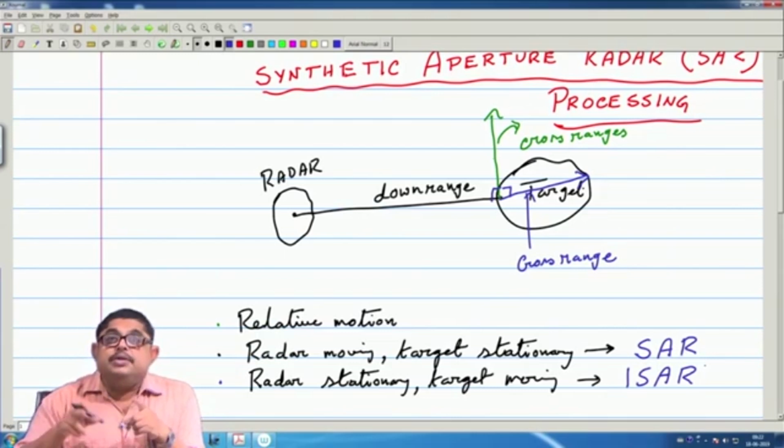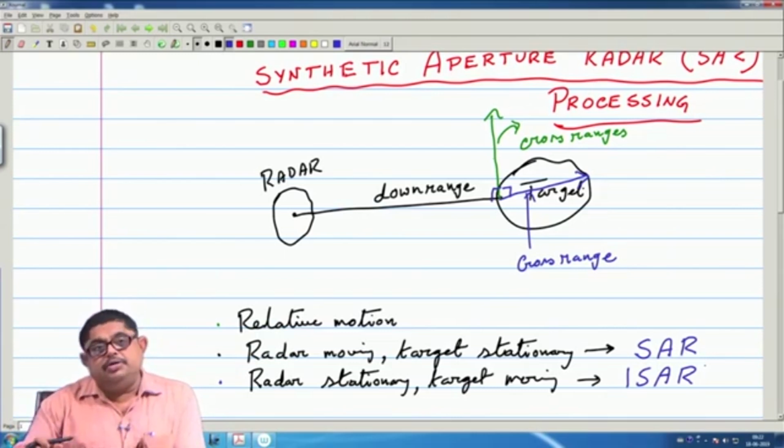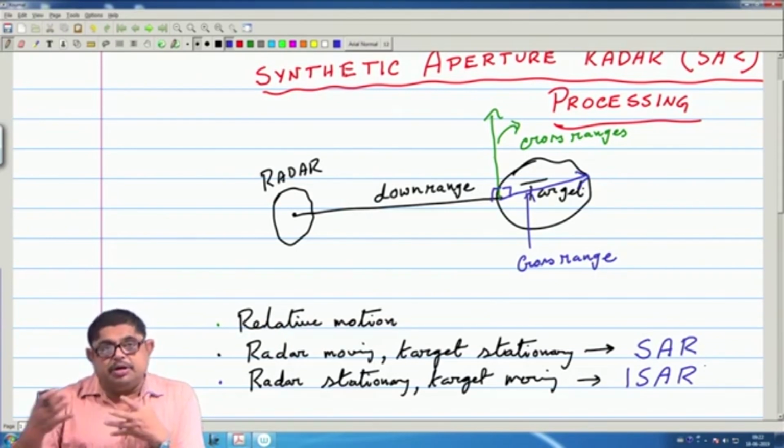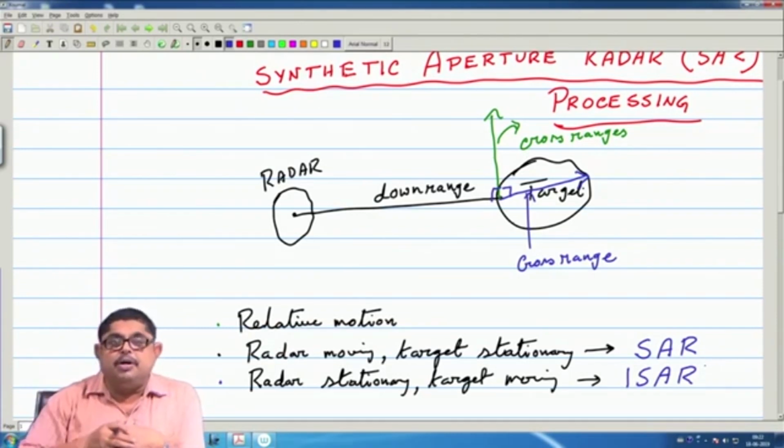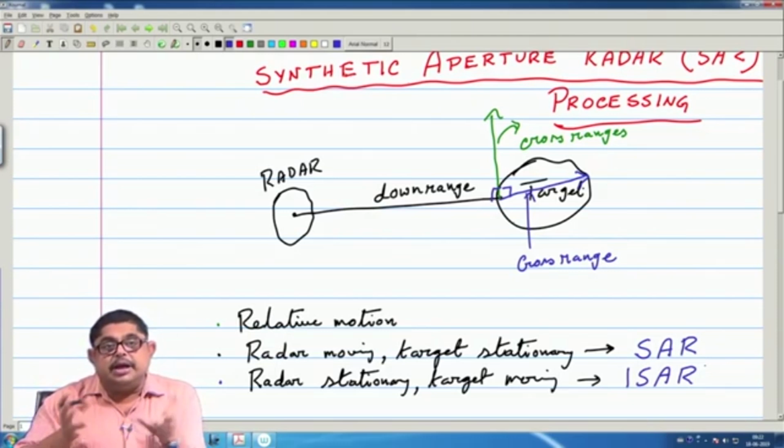So, if in the actual scenario there is a Doppler, that means if there is a moving target, then this technique is not applicable. That is why in the basic technique of pulse radar we have not discussed it, because moving targets have their own Doppler, but here we are deliberately creating a Doppler for creating a synthetic aperture. So, these two generally get confused.